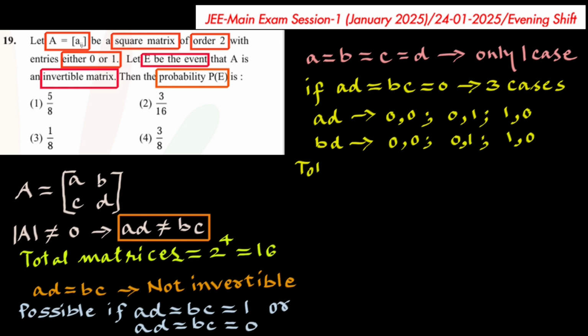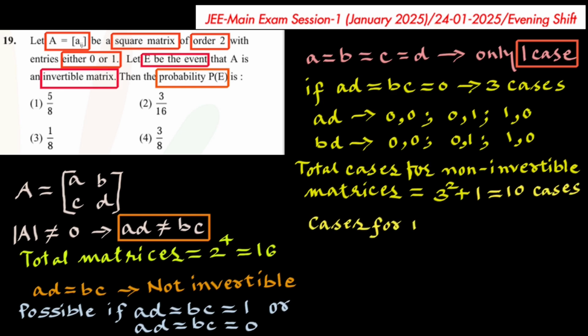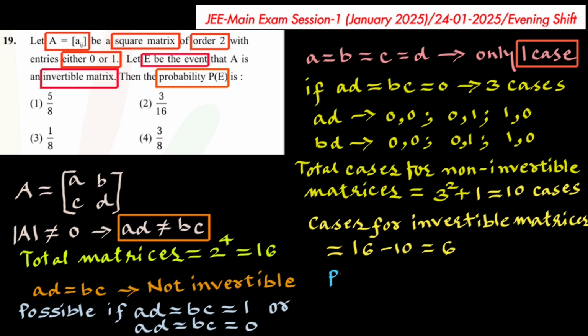So total cases for non-invertible matrices will be 3 square plus this one case, 10 cases. Hence, the number of cases for invertible matrices will be total minus 10, 6. Hence, the probability of event E will be favorable cases 6 upon total number of cases 16, 3 upon 8. Hence, the correct answer option is 4, 3 upon 8.